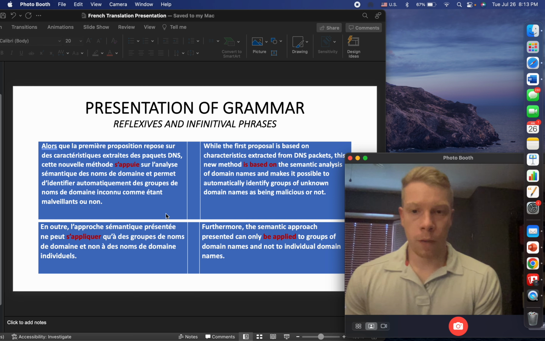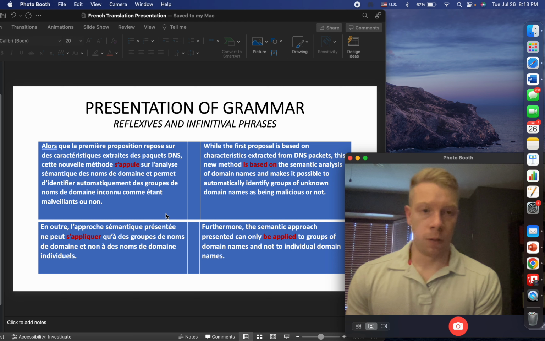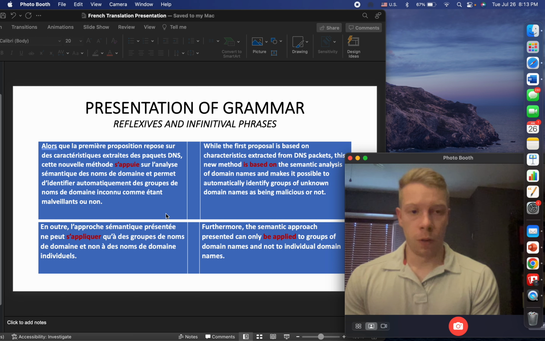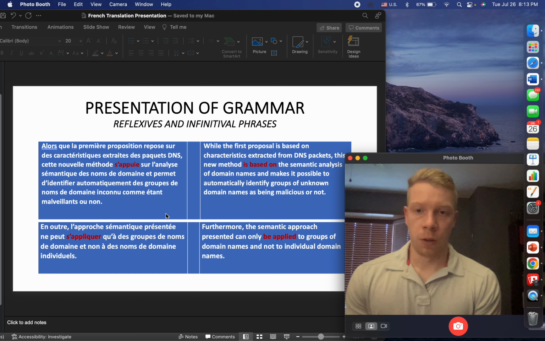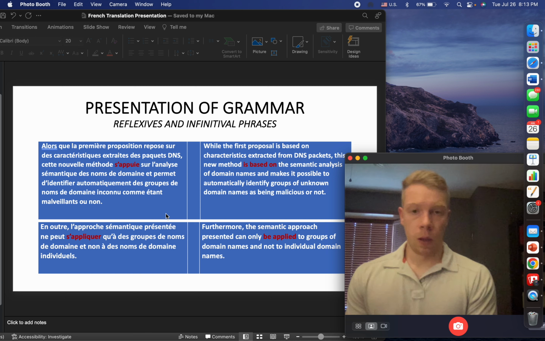So here I have a couple of examples of grammatical expressions and grammatical aspects that we have discussed in class, one of which being the reflexive, which English, as a Germanic language, doesn't have in the same sense.